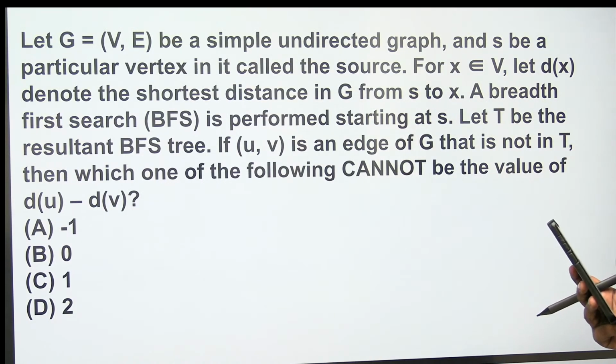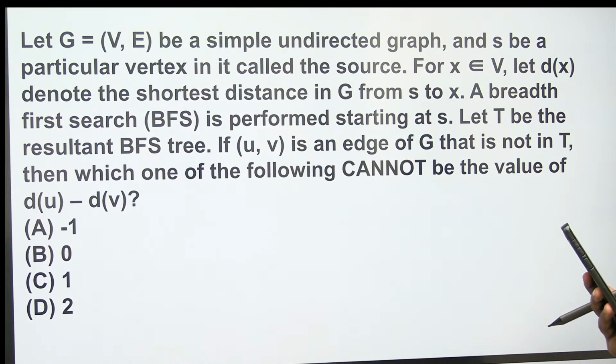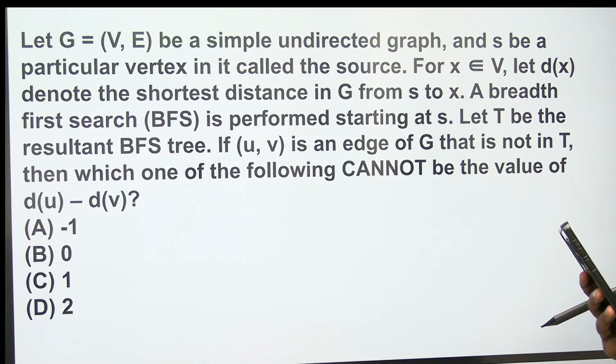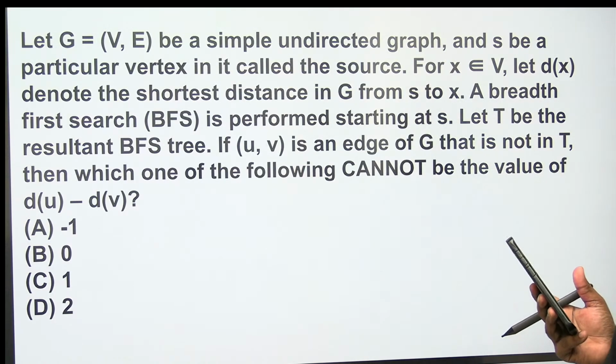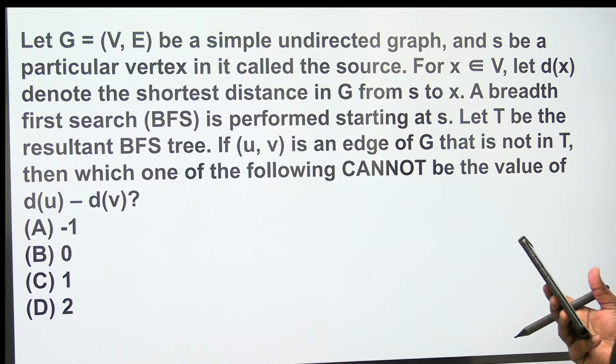For x belonging to V, let d(x) denote the shortest distance in G from S to x. A breadth first search is performed starting at S. Let T be the resultant BFS tree. If (u, v) is an edge of G that is not in T, then which one of the following cannot be the value of d(u) minus d(v)?